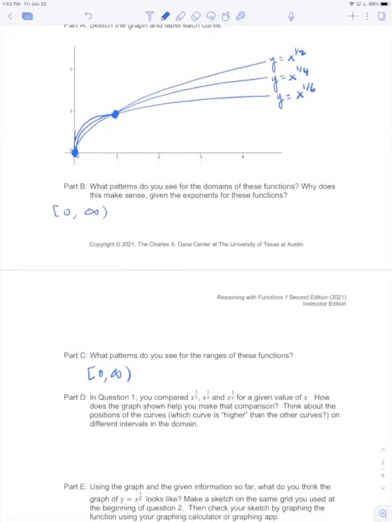And all of the curves intersect at the points 0, 0, and 1, 1. And then when x is in the interval greater than or equal to 1, we have x to the 1/6 being the smallest, and x to the 1/2 being the largest.